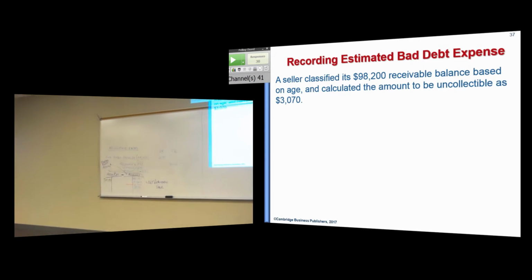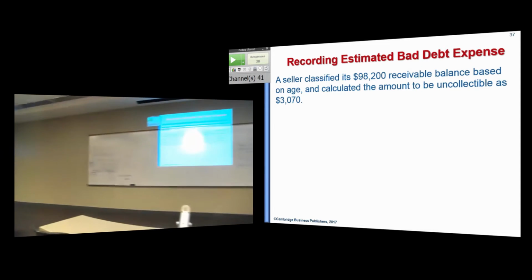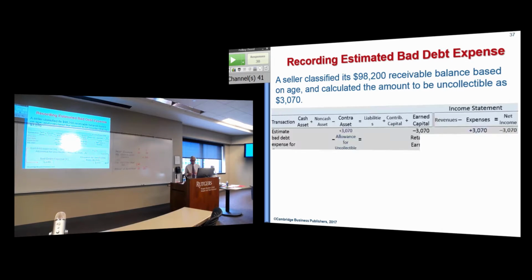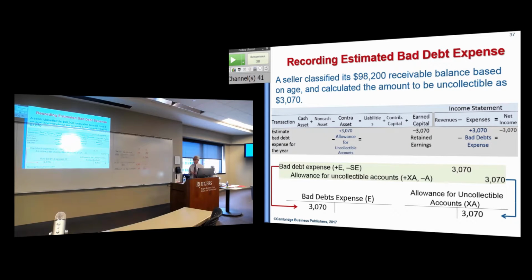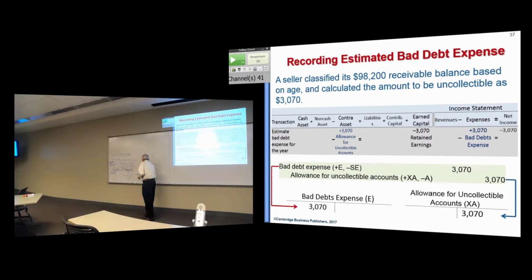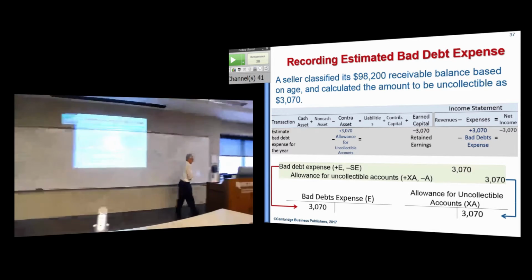So the entry is going to debit the bad debt expense, credits the allowance for bad debts, and again, the net realizable value in this case is going to be 556,930. Difference between the two. So that's your net realizable value, 556,930.